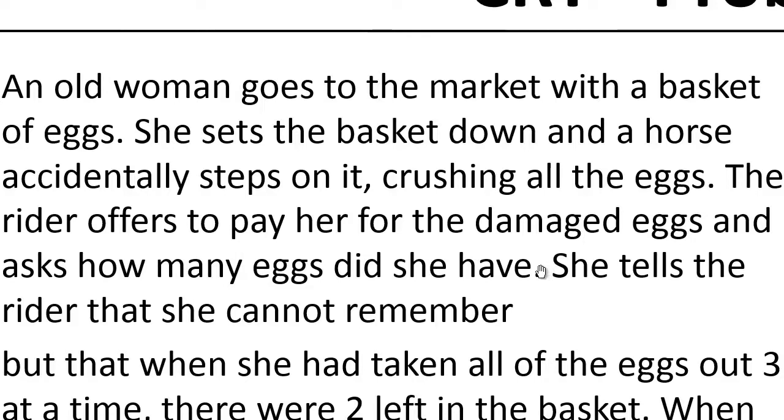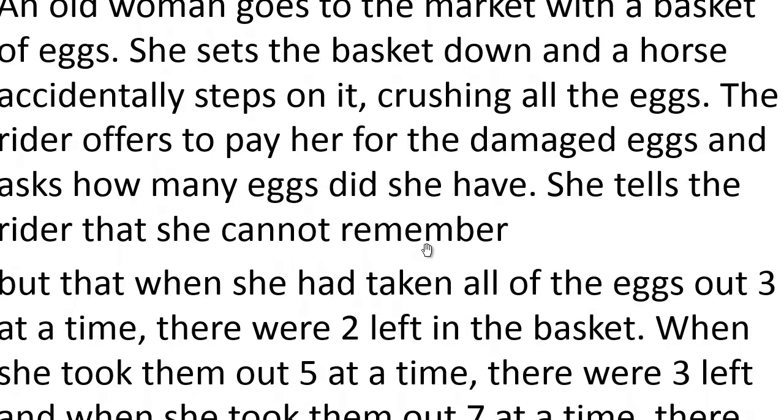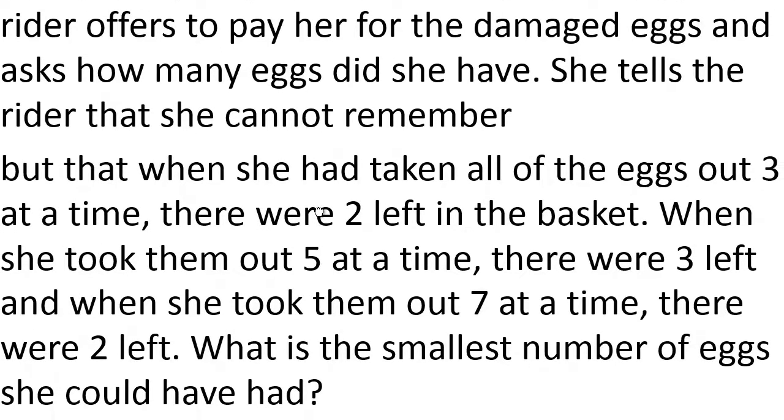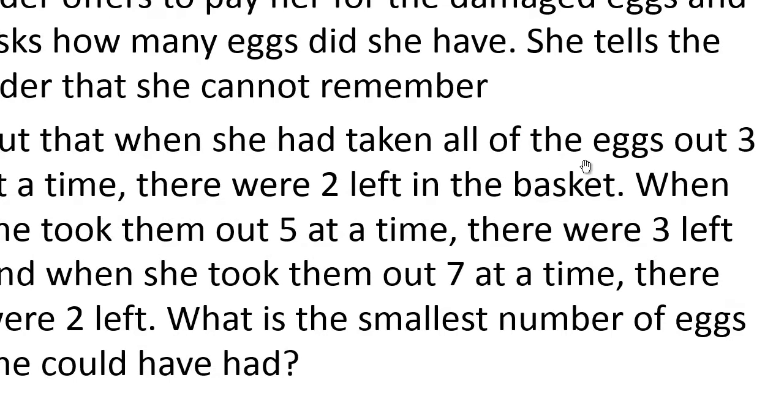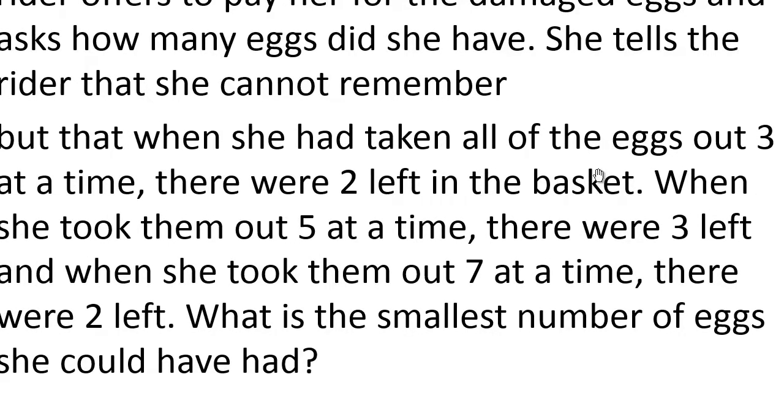She tells the rider that she cannot remember how many eggs she had at the time of the accident. But she gives a riddle: when she took all the eggs out 3 at a time, there were 2 left in the basket.